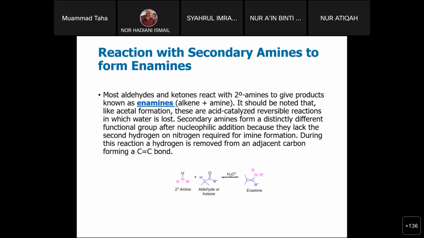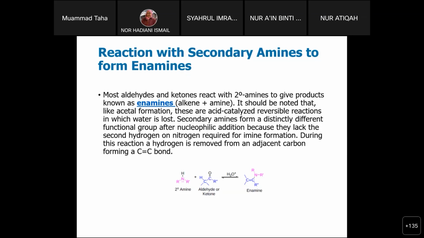Reaction with secondary amines to form enamines. Most aldehydes and ketones react with a secondary amine to give a product known as an enamine, alkene plus amine. It should be noted that, like acetal formation, these are acid catalyzed reversible reactions in which water is lost. Secondary amines form a distinctly different functional group after nucleophilic addition because they lack the second hydrogen.